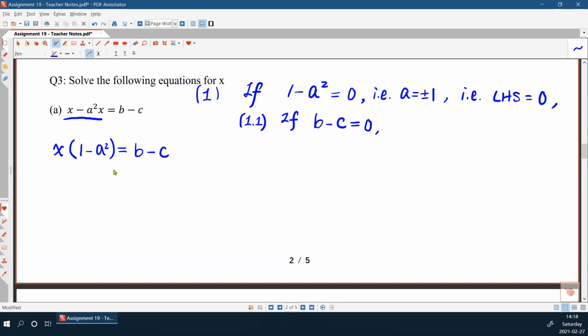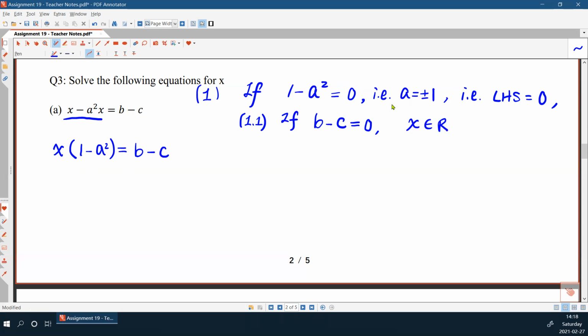So what will happen? Left-hand side is 0. Right-hand side is also 0. So no matter what x is, this equation will hold, right? So in this case, the solution is x could be any real number, right?